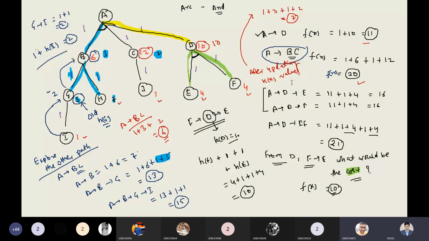This will only happen if the algorithm explores the other path as well. In the exam, I can give you a random problem and you will explain which path is best. First, you will apply the A star algorithm by default. After applying it, you will tell me which path is better.